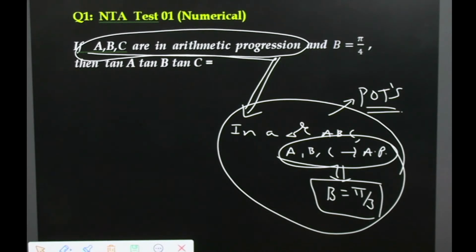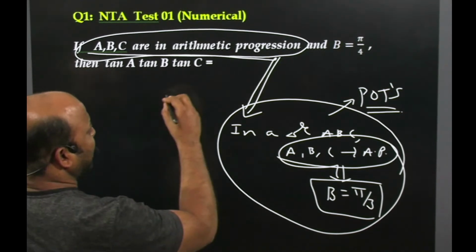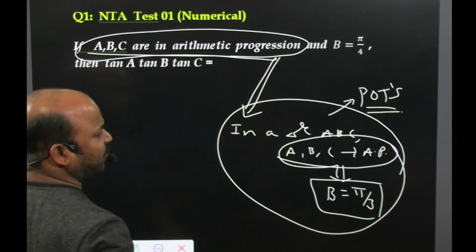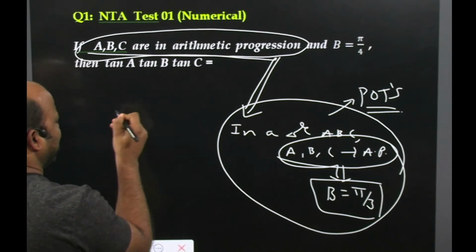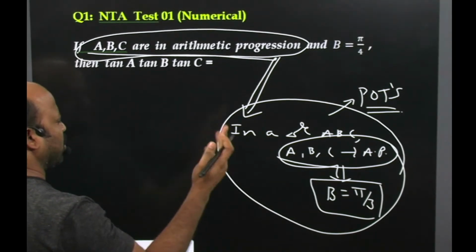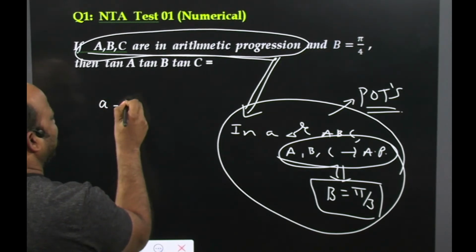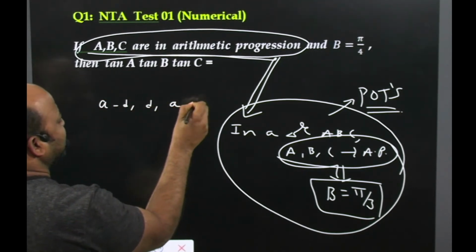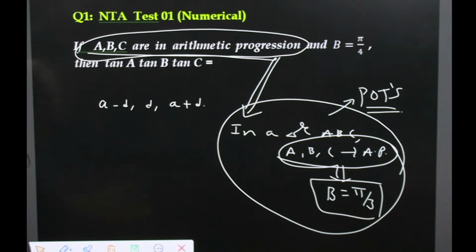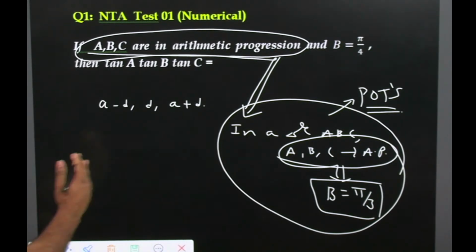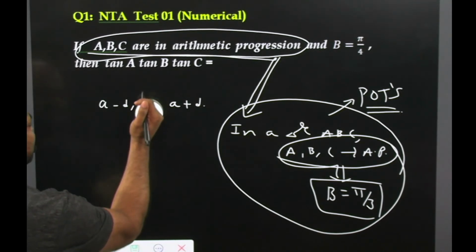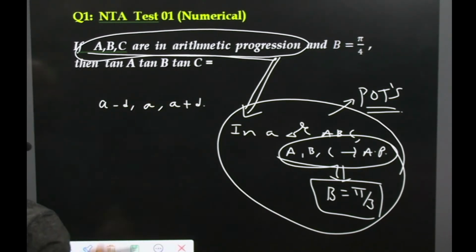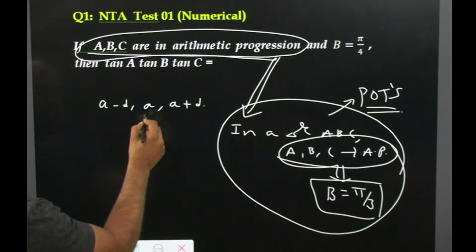But here the question did not mention triangle ABC. Please take care. It says that 3 angles are in AP and one angle is pi by 4. Generally the terms which are in AP will be A minus D, A, A plus D. So what is A here?